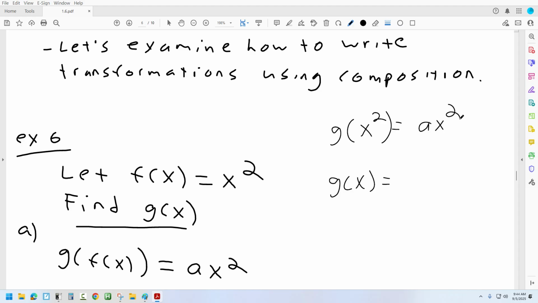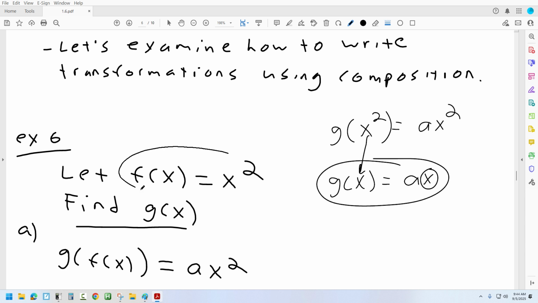It's multiplying by a number in front. Yeah? Ax. Yep. So now, if this was your function, and you filled that in for the letter, replace that letter with what they're telling you to, you would end up with ax squared. Okay, so composing this function with this function gives you that function, which is a vertical stretch.